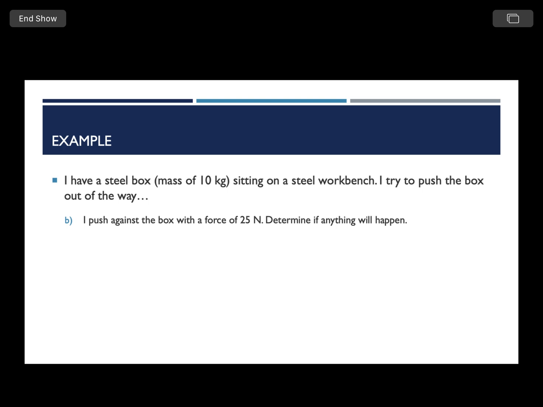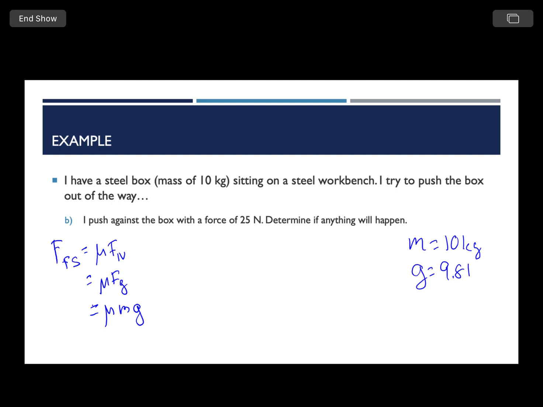Okay, so I need to find my static friction. Force of friction that is static. And so I'm going to need my mu, and I'm going to need my normal force, which basically means I'm going to need my force of gravity, which is mass times the acceleration due to gravity. Okay, so my mass was 10 kilograms. My acceleration due to gravity is 9.81.